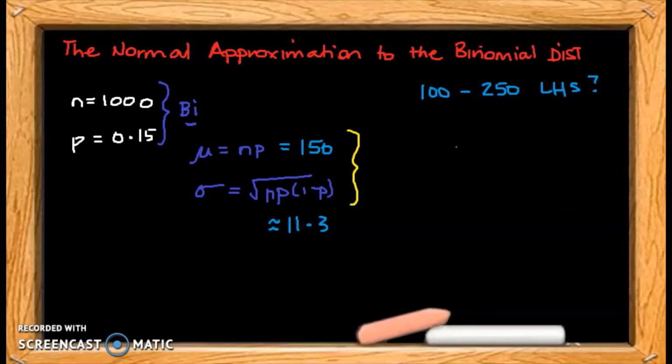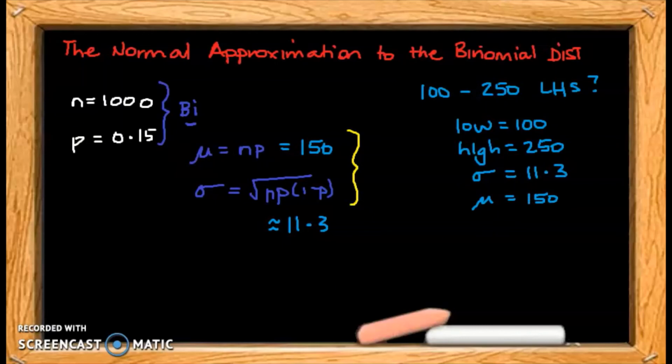So I would get out my normal calculator and I would say my lowest value is 100. My upper value or high value is 250. I have a standard deviation of 11.3 and a mean of 150.